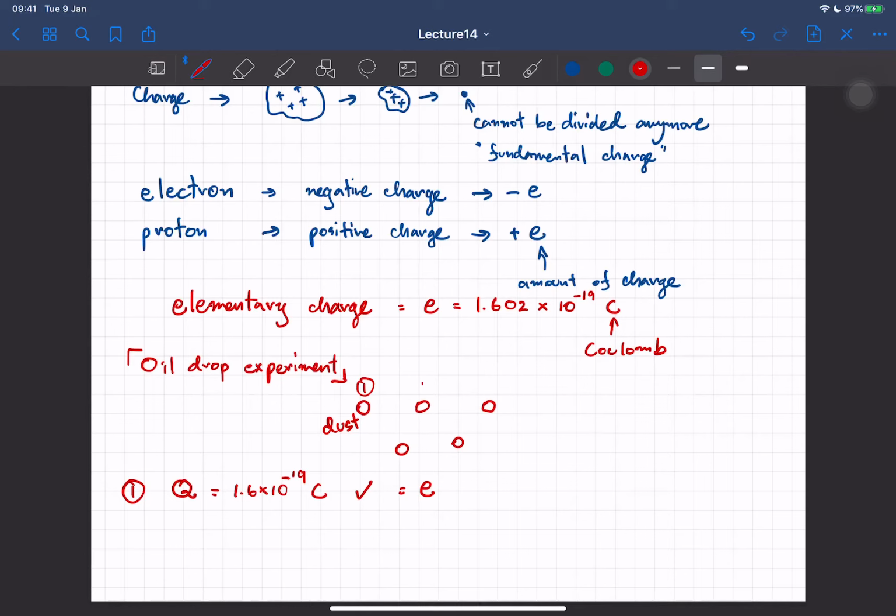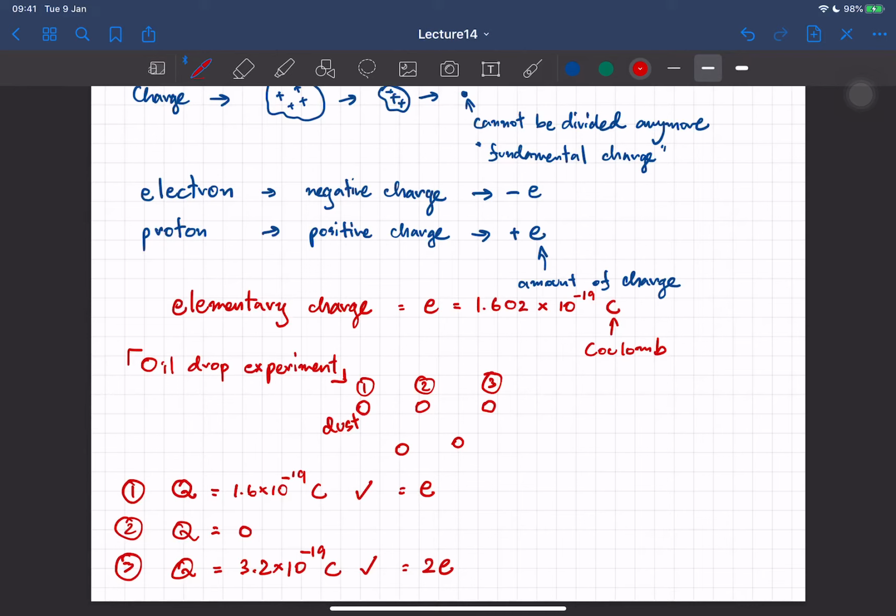So this is equal to one elementary charge. And then dust number 2 might have 0 coulomb of charge. That's also fine because some dust are what we call electrically neutral. And dust number 3, you repeat the experiment, you might get that the charge you measure is 3.2 times 10 to the minus 19 coulomb. This is fine, and it means it's equal to twice the elementary charge, so 2e.